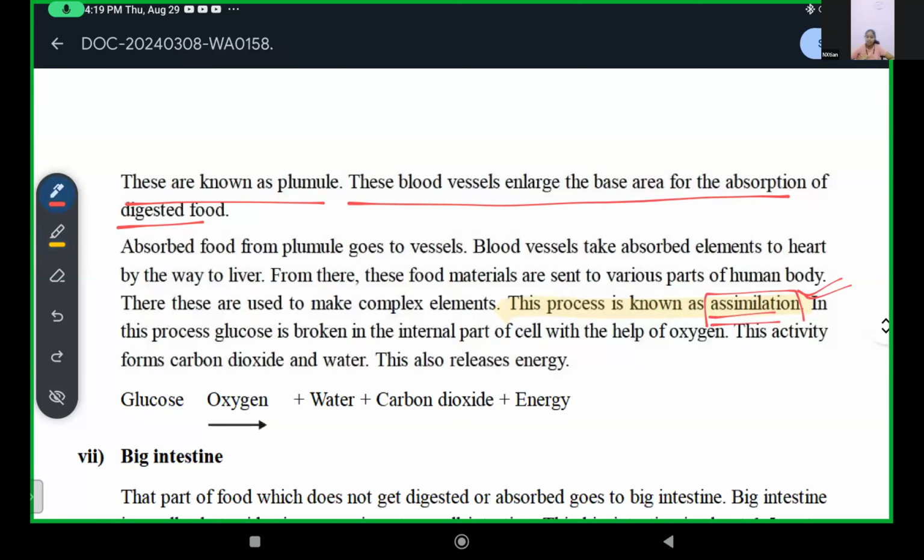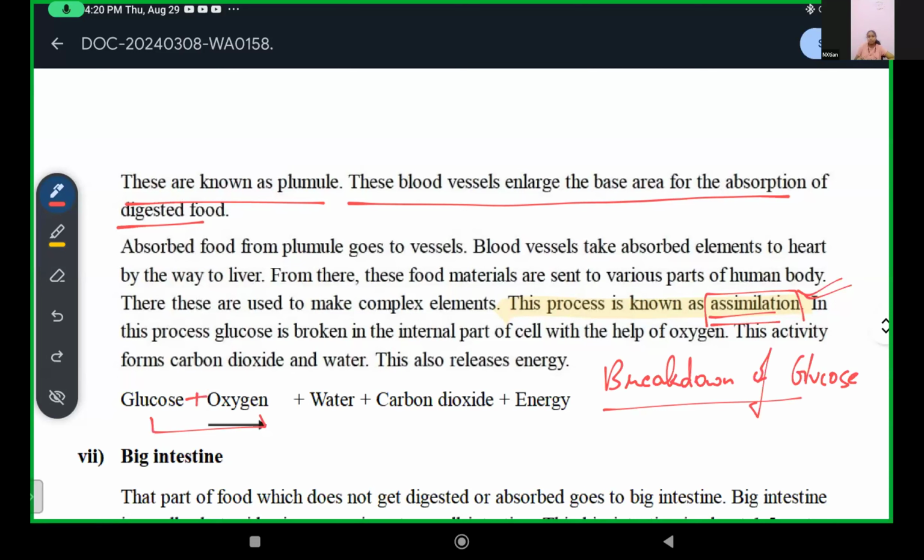Yes, Samir, yes. In this process, glucose is broken down in the internal part of the cell with the help of oxygen. This activity forms carbon dioxide and water and also releases energy. The breakdown of glucose takes place with the help of oxygen.